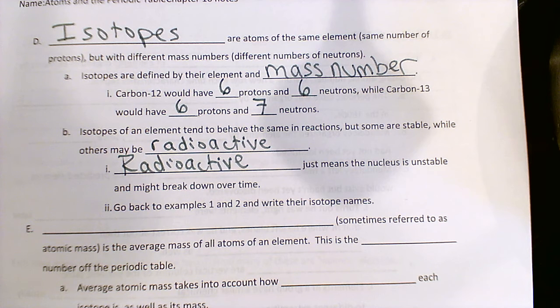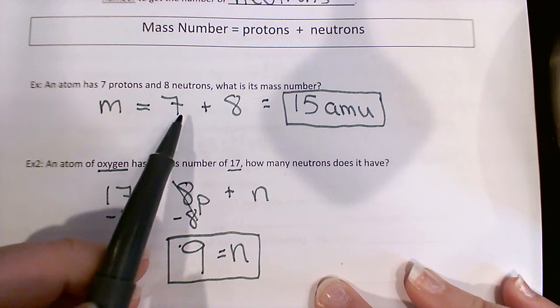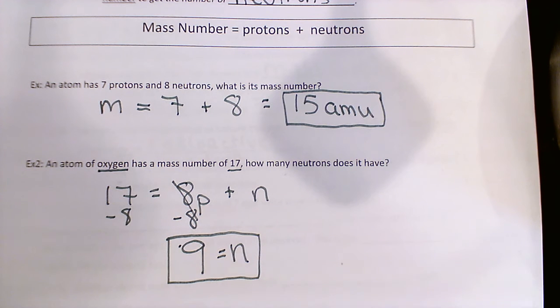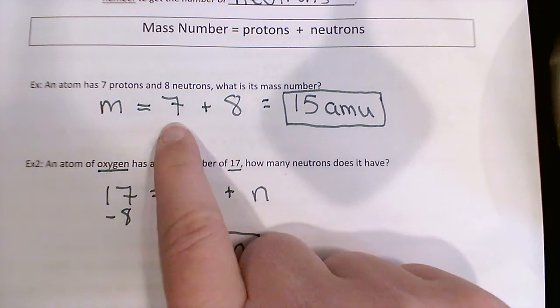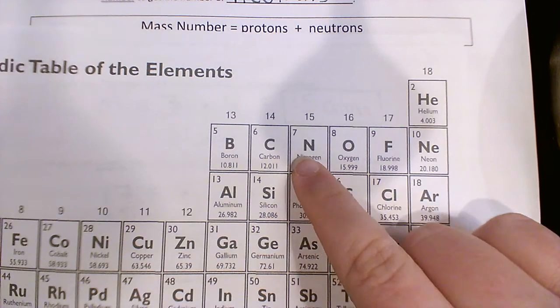So when it says go back to example 1 and 2 and write their isotope names. So here's our 2 examples here. So if this had 7 protons, so the isotope name is the element and then a dash and the mass number. So if it had 7 protons, what element must it be? It's got to be nitrogen.